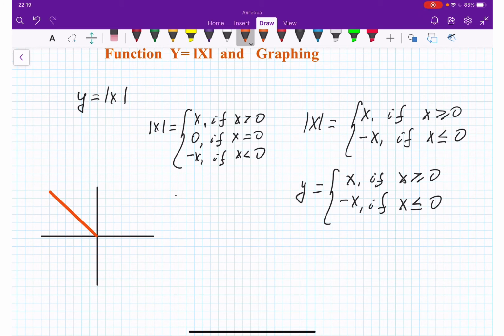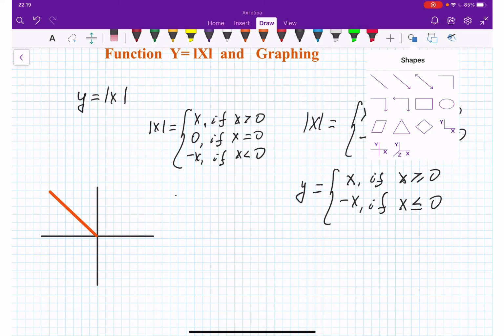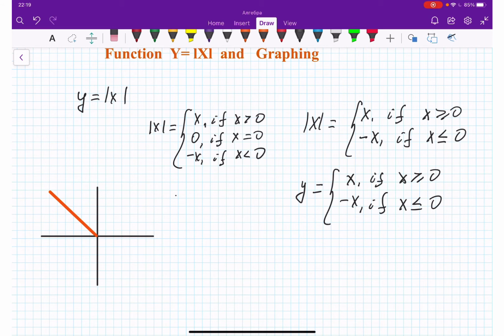Y is equal to negative x when x is less than 0. And now I will show the graph when x is greater or equal to 0. There we go. Two different graphs. So this one is x less or equal to 0, and this one is x greater or equal to 0.